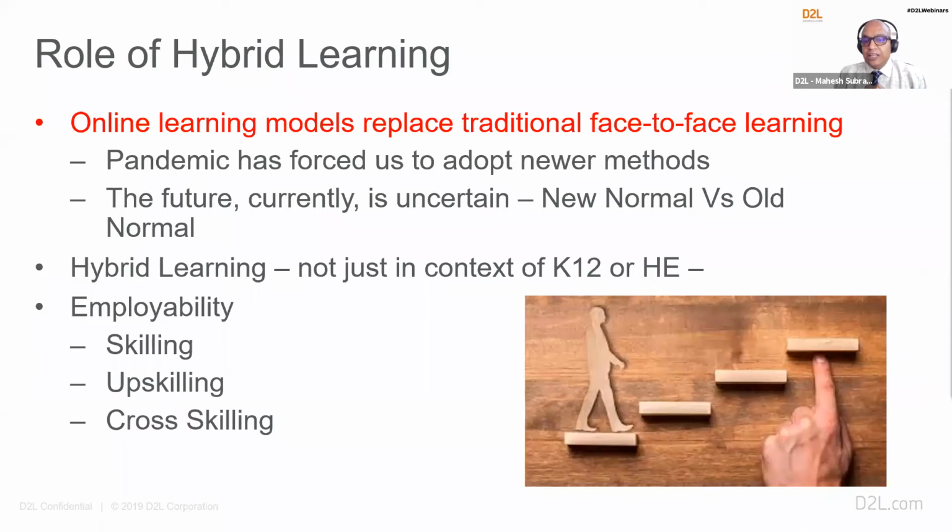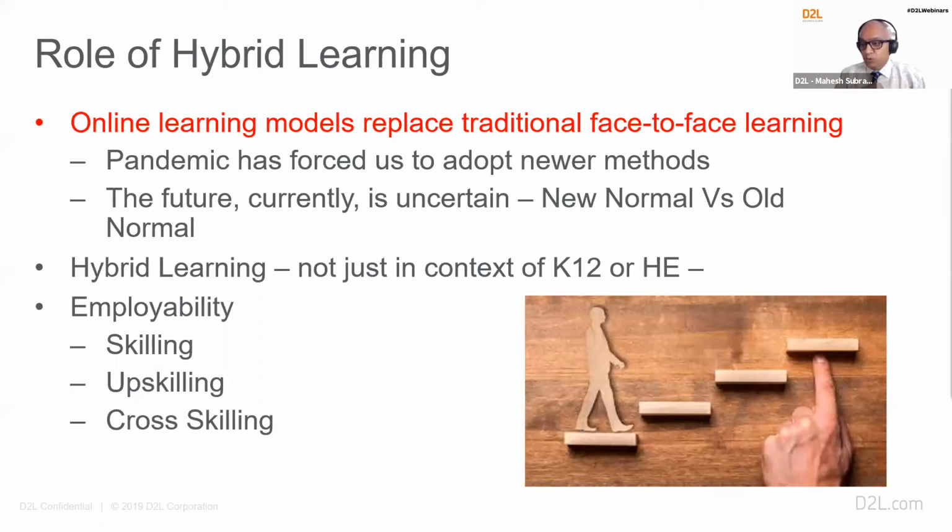And the interesting aspect of that is, even if we are able to go back to a full traditional classroom model, I think the learnings from the last 2 years has given us enough information to see that online learning actually does provide a fair advantage over the traditional methods of face-to-face learning.